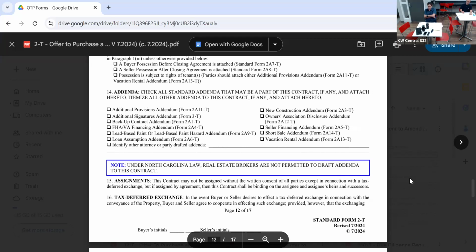So agreement to amend gives you the opportunity to change anything that can be changed within this document. So you would use agreement to amend. This identifies any addendums that might be attached to the contract.